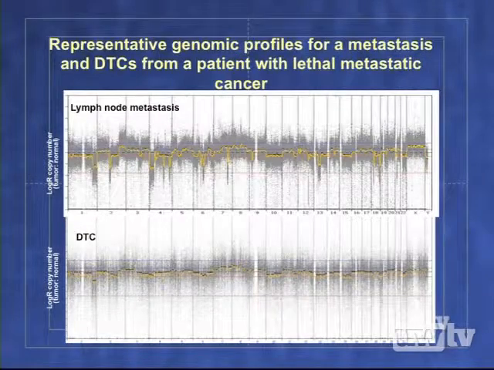And here's a representative genomic profile for a metastatic sample along with the DTC obtained from the patient. You can see there are so many different abnormalities in the lymph node metastasis, and in the DTC, although it's lower resolution, they pretty much match very well.